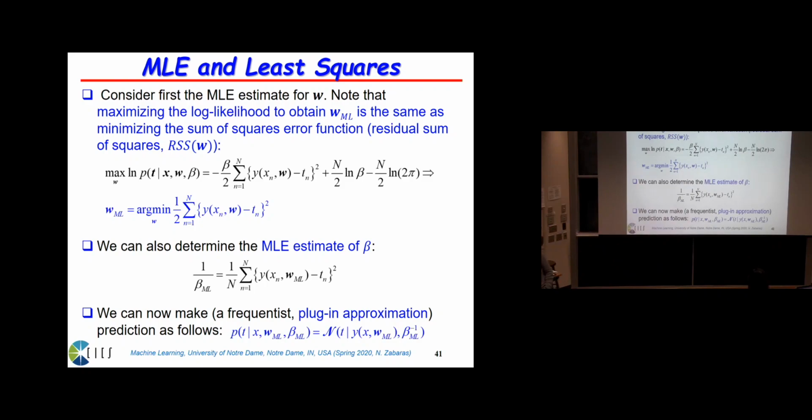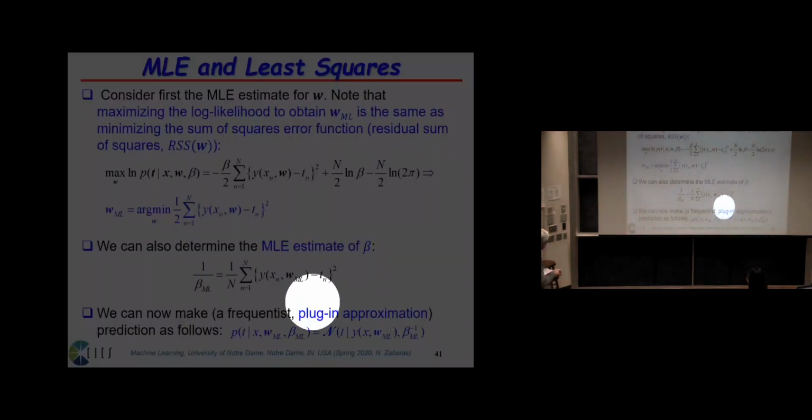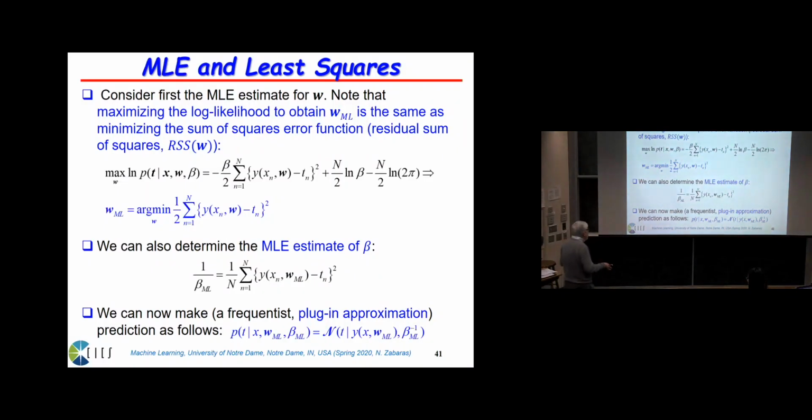Unfortunately, this will get you in trouble if you have very few data points. So you're not done. You're not doing a good job. But certainly I want you to remember this is what is called a plug-in approximation. Plug-in is take your likelihood model and plug in the MLE estimates, and this is what I have done here.